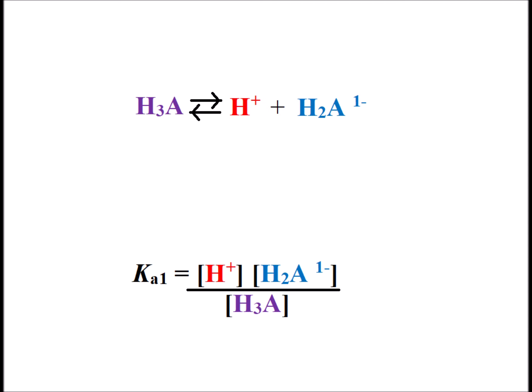For this video, we are looking at the case of a triprotic acid. In the first acid event, our generic triprotic acid H3A breaks up into a proton and its conjugate base H2A minus, and we have an expression for the equilibrium constant Ka1 given as shown on the screen.